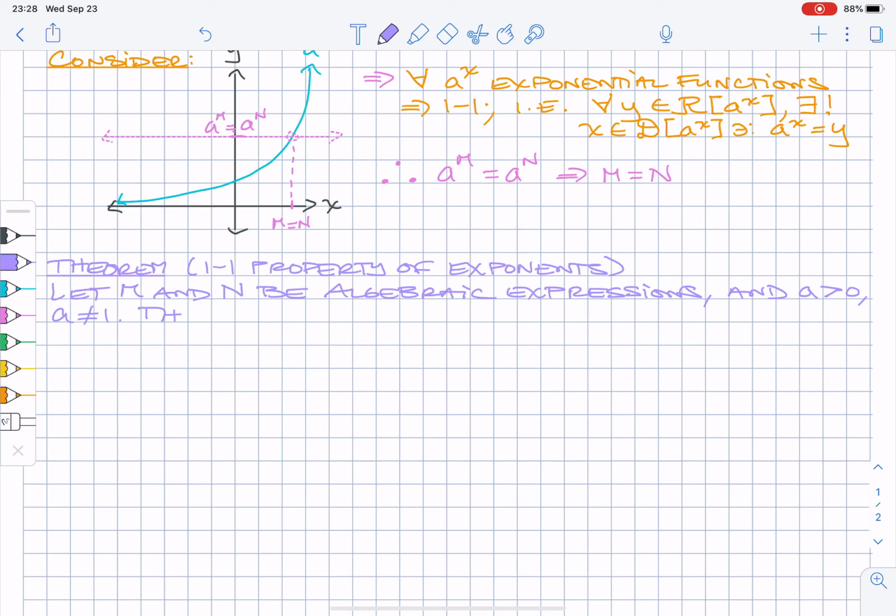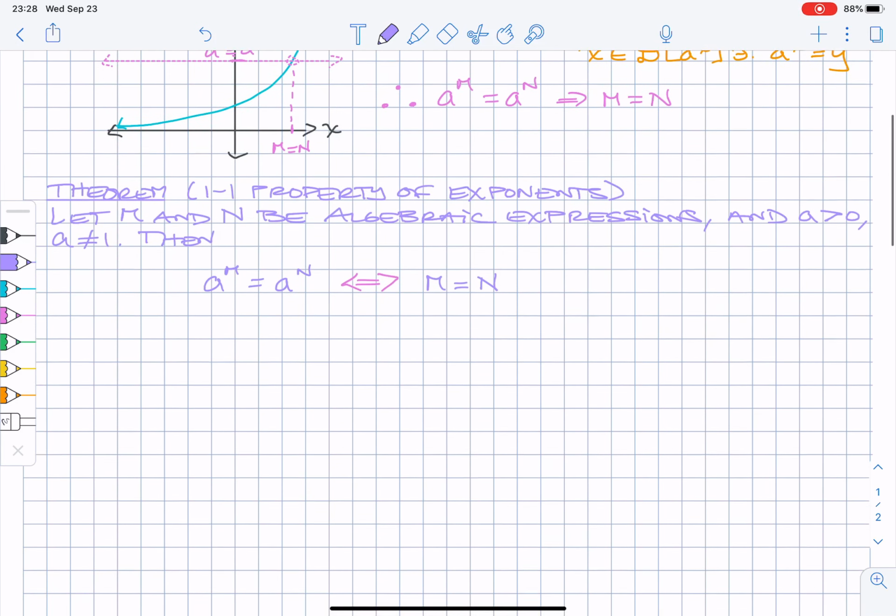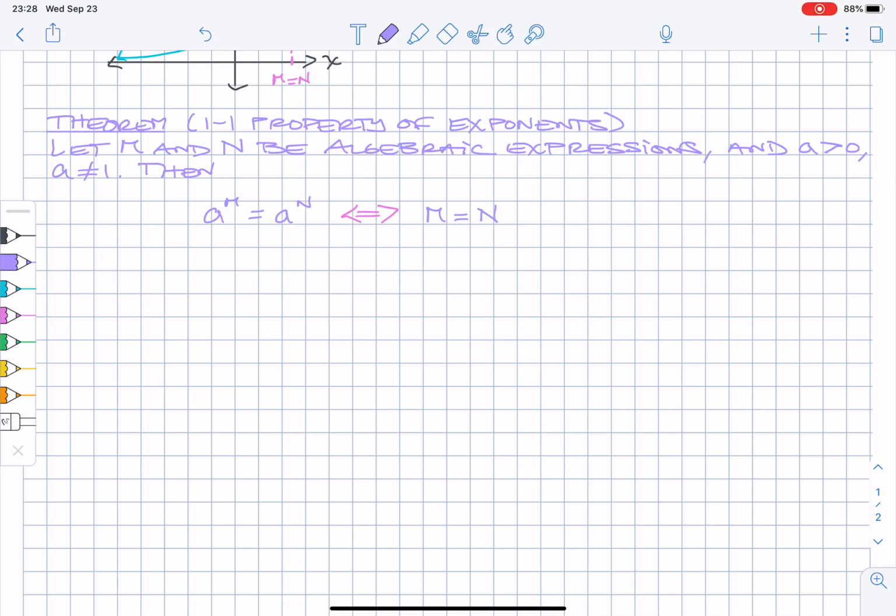Then, if we have that a to the M is equal to a to the N, this implies both ways that M is equal to N. Namely, if M is equal to N, then a to the M is equal to a to the N, and vice versa.